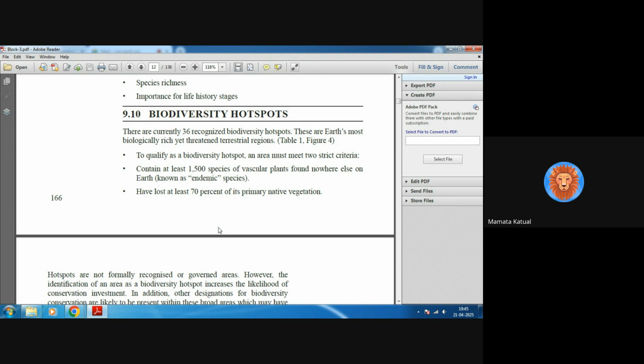One is it should have high biodiversity, and if an area has high biodiversity, then it must contain endemic species. So it should have at least 1500 endemic species, and there is a loss of more than 70% of its native vegetation or the natural plants.